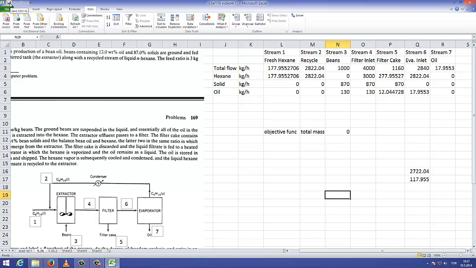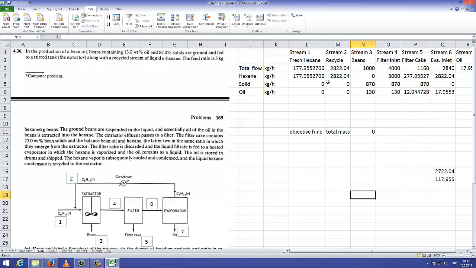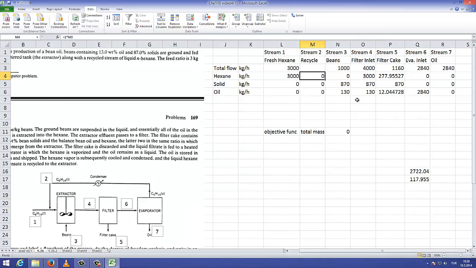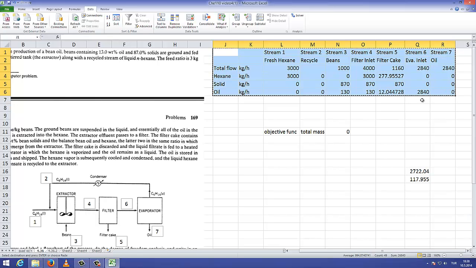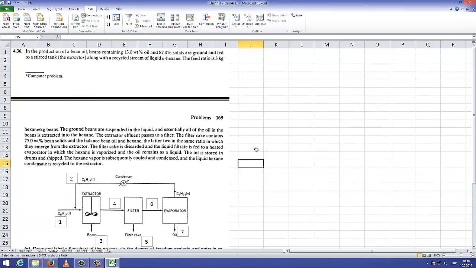Before stopping the video, I would like to point out, while you're working on a solver example, do not always solve on your original data. This is the data we had before. Just copy this and work on a separate sheet.